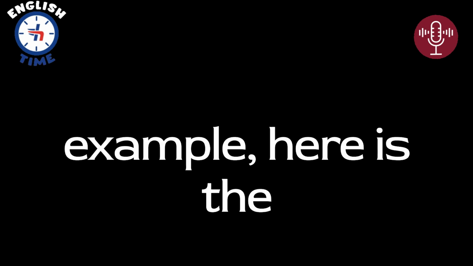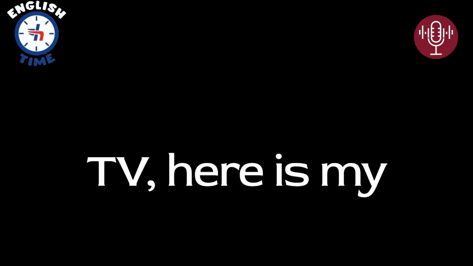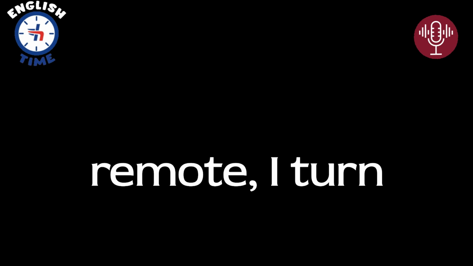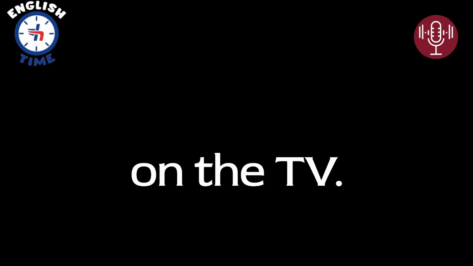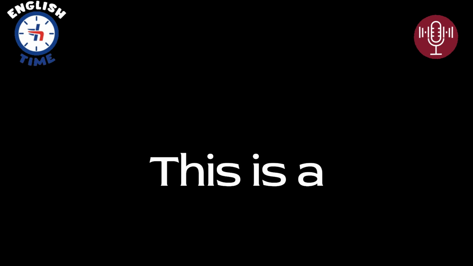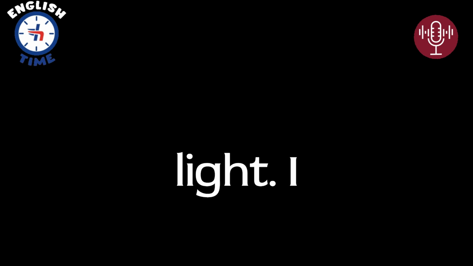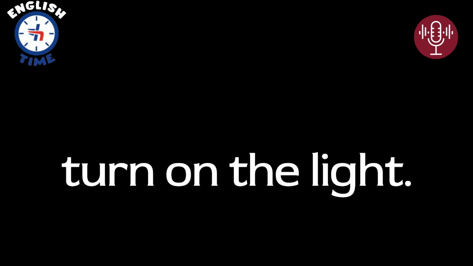For example, here is the TV. Here is my remote. I turn on the TV. Turn on the TV. Another example is this is a light. I turn on the light.